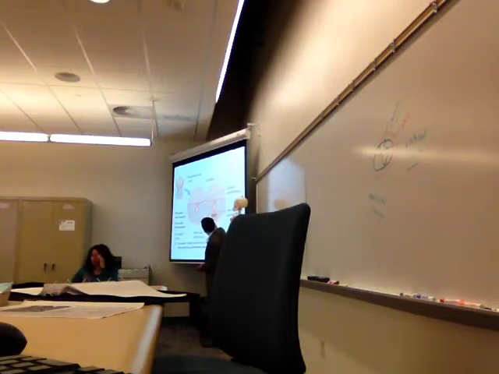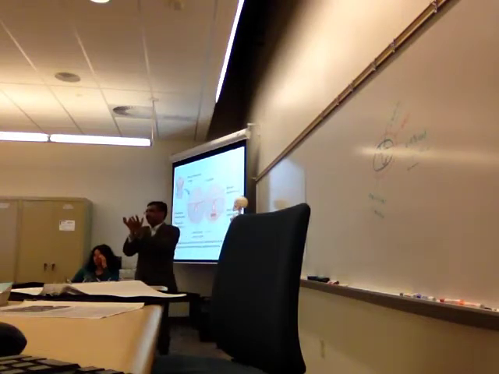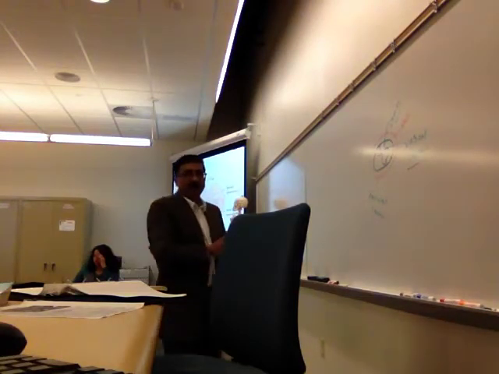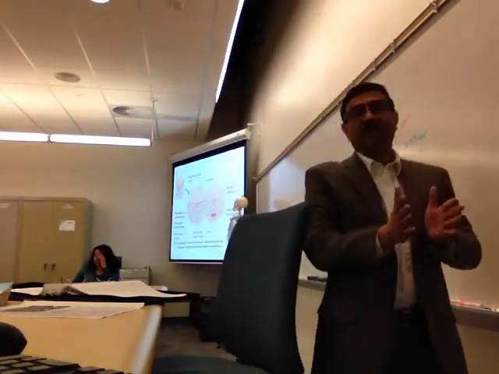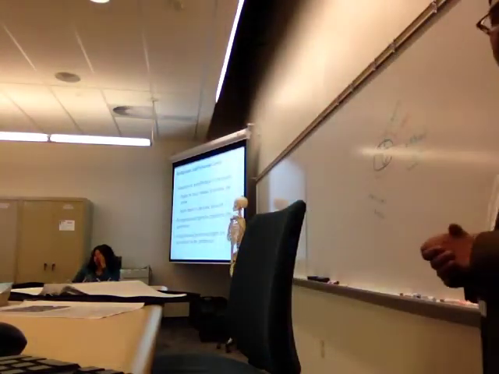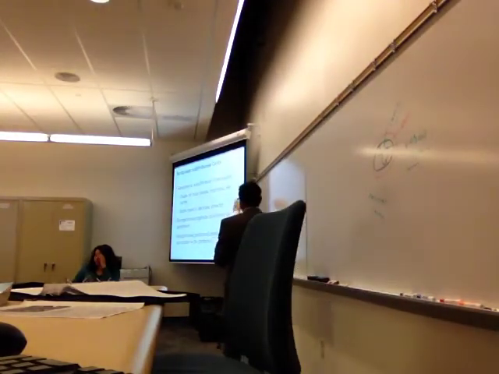So when the peritoneum is going towards the organs, that part is called the mesentery. The one covering the organ is the visceral peritoneum, but the one heading towards the organ is called the mesentery. So mesentery is a double layer of peritoneum.